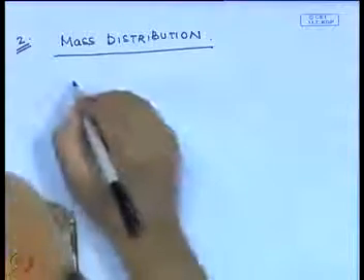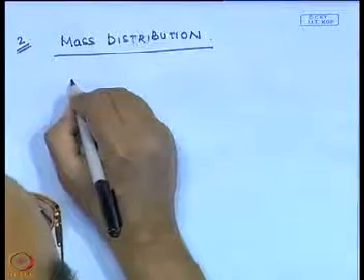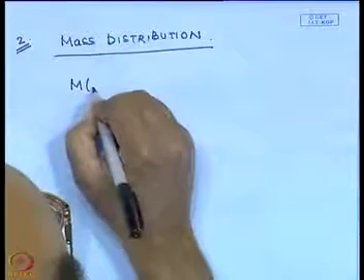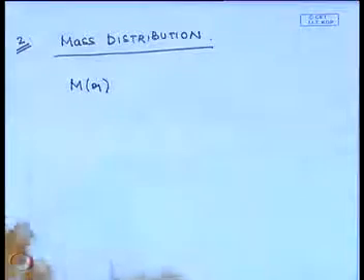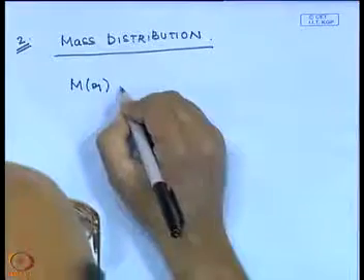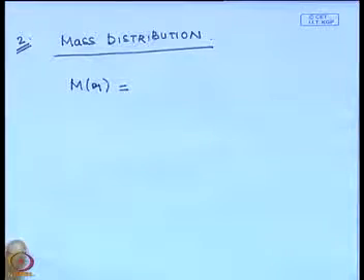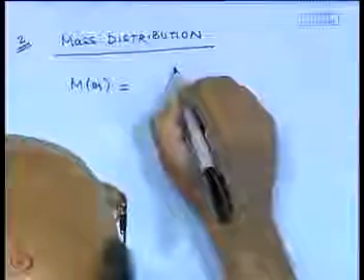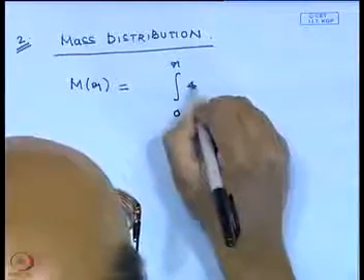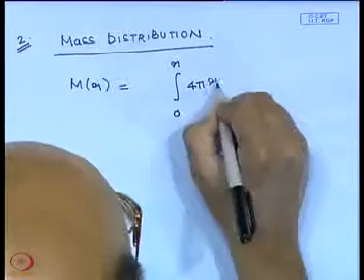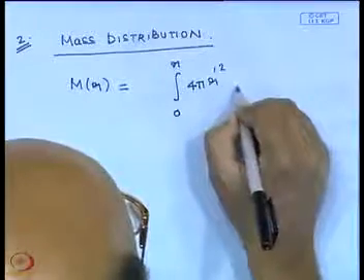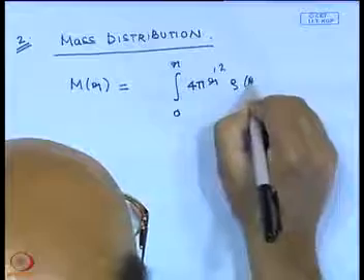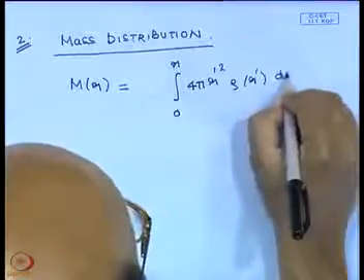So, we know the mass within a sphere of radius r is the integral of 4 pi r prime square rho of r prime d r prime.